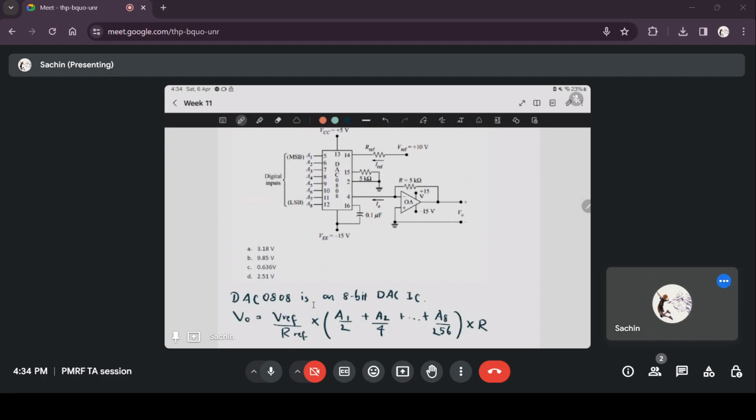So the weights here are powers of half, or you could say they're divided by 2 power some number, and that number depends on which position the bit is in. So the first bit is weighted by 2 power 1, second bit is weighted by 2 power 2, the nth bit is weighted by 2 power n.